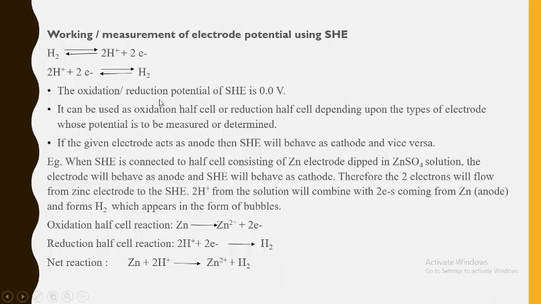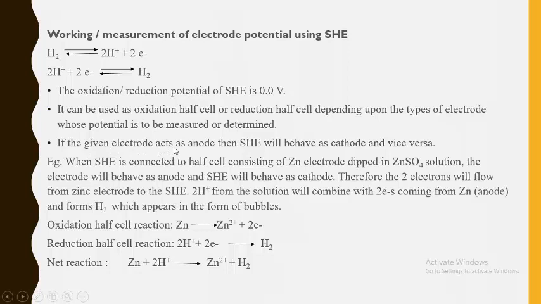The oxidation or reduction potential of SHE is considered as 0.0 volt. We have already talked about that one. It can be used as an oxidation half cell, or it can be used as a reduction half cell. It means to say that SHE, depending upon the electrode that is connected to it, can be used as an oxidation half cell or reduction half cell, depending on the type of electrode whose potential is to be measured or determined.